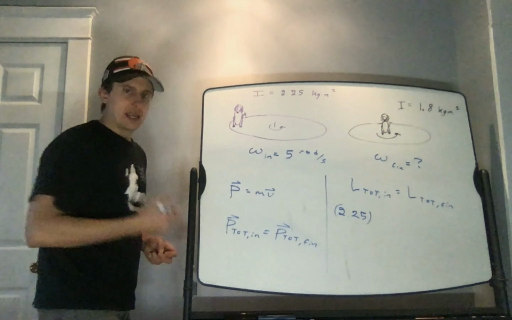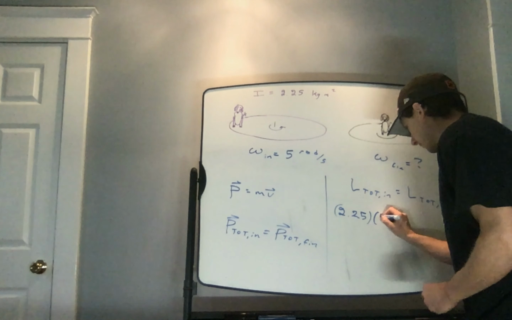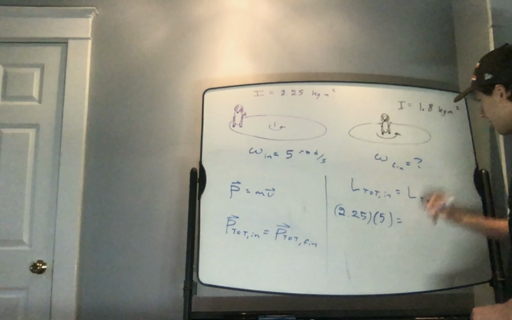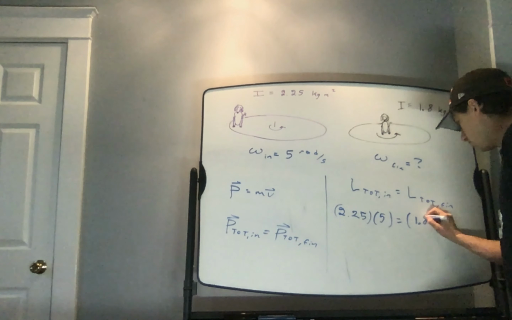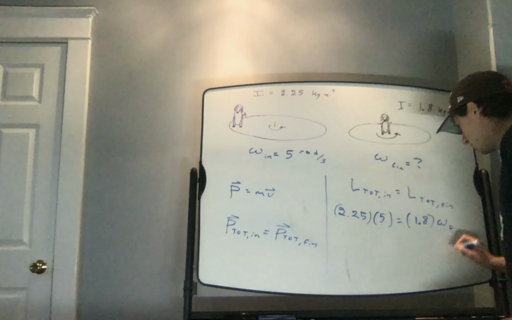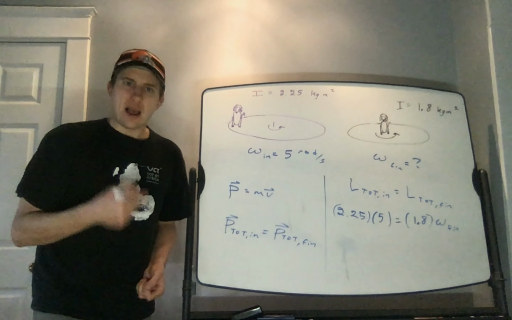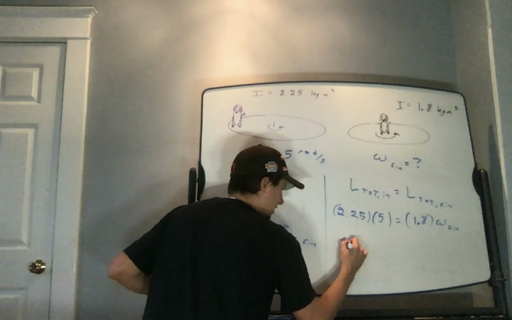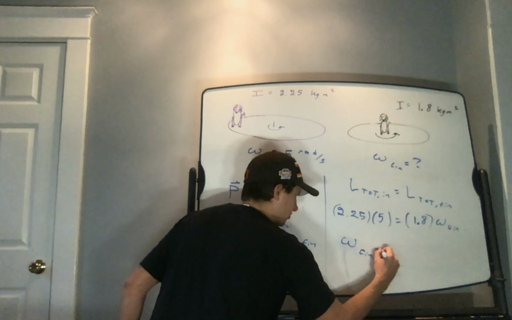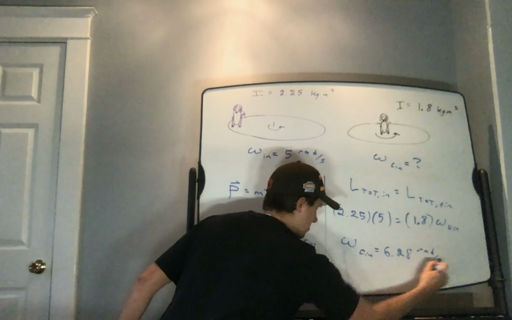The initial angular velocity of the dog plus the merry-go-round is 5 radians per second, so I have a factor of 5 here. The final moment of inertia for the dog and the merry-go-round is 1.8, and omega final is what we're trying to find. When I put these numbers in a calculator, I find the final rate of rotation for the dog on the merry-go-round is omega final equals 6.28 radians per second.